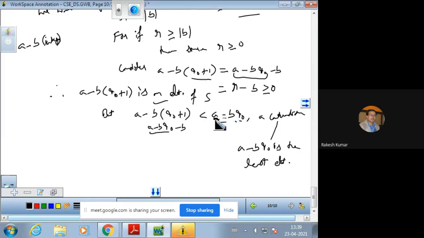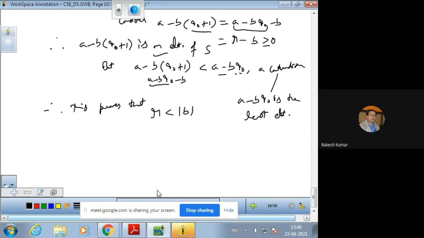So by the contradiction process we can say that हमने ये लिख करके चला था, उल्टा लिख करके चला था. तो this proves that r is less than b modulus. So this proves the division algorithm property, और division algorithm prove हो गया by the help of well ordering principle.